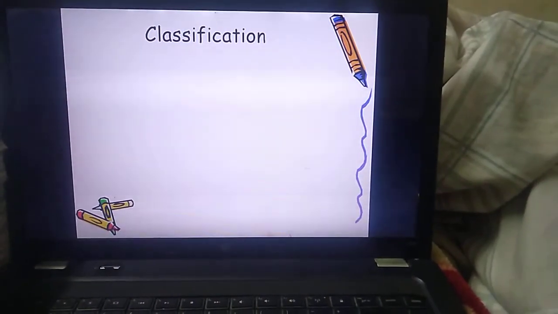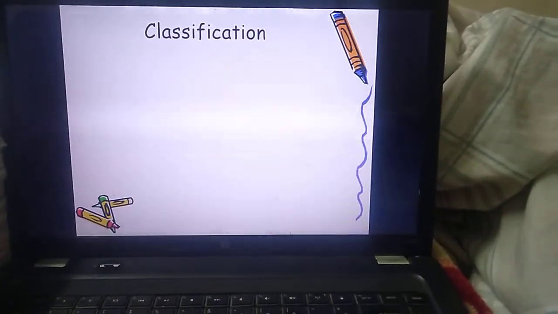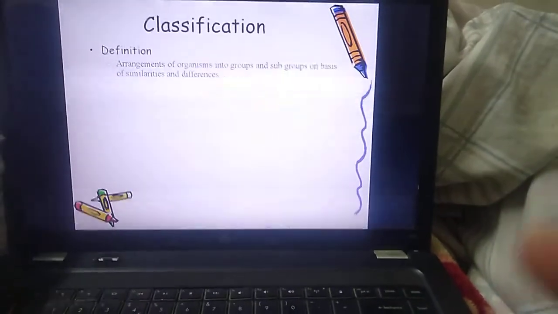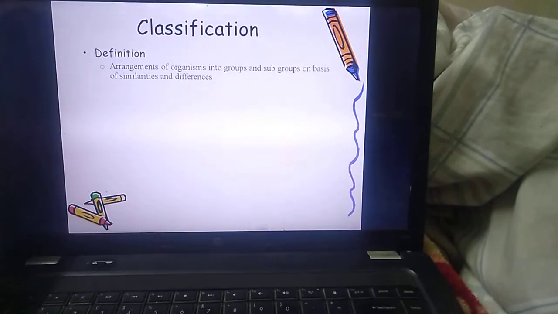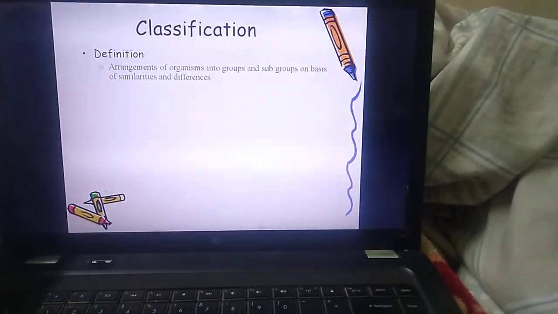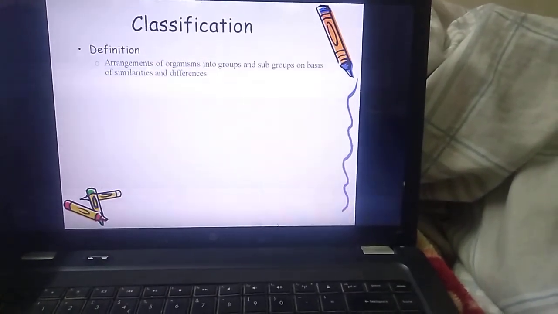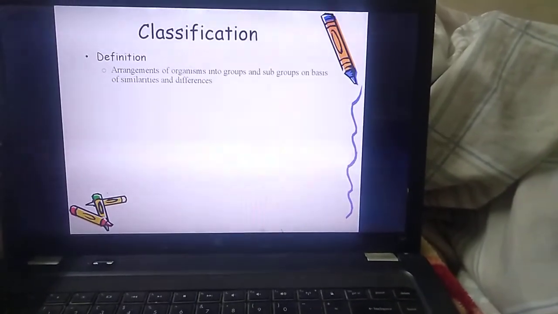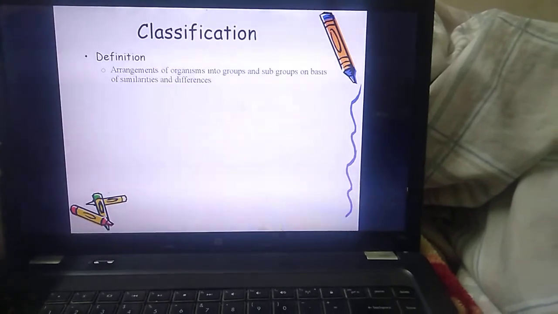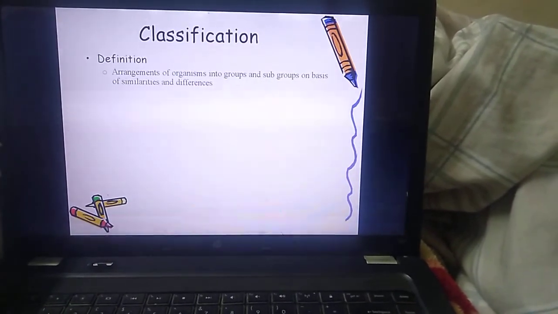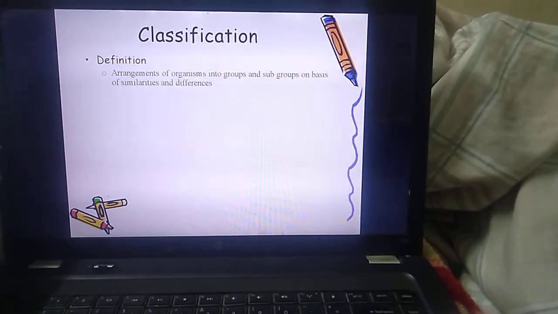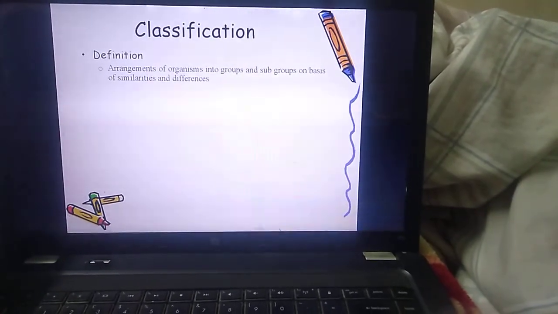The next topic is classification. Now, what is classification? Classification is the arrangement of organisms into groups and subgroups on the basis of similarities and differences. Similarities means the things which are common among organisms, and differences means which are different among them.